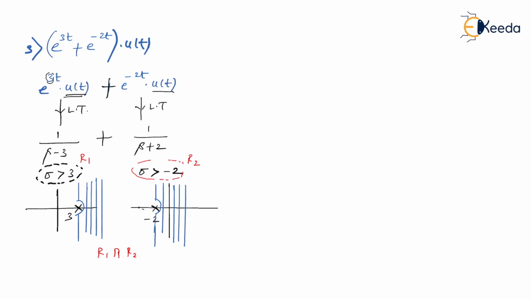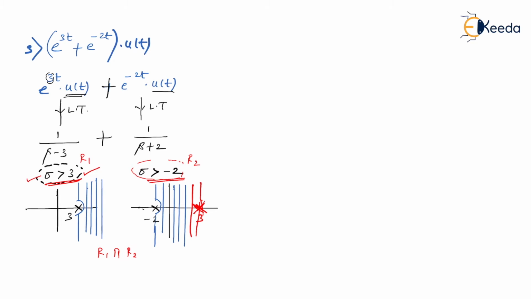See, if this is sigma greater than minus 2 and this is sigma greater than 3, then we have to take only that ROC which is going to satisfy both. Am I right? So obviously I'll select sigma greater than 3, because if I assume sigma greater than minus 2, then it is going to include positive 3 also. And we know that we are not allowed to have inclusion of a pole in the ROC. Am I right? So this is something which is not allowed. So we have to go for sigma greater than 3. So this will have the common area, right?